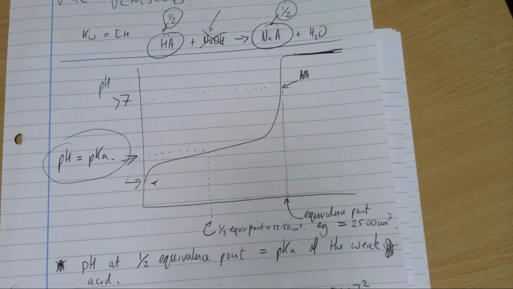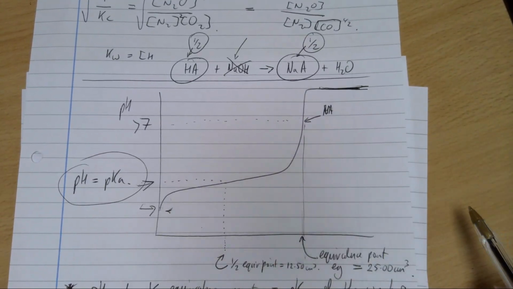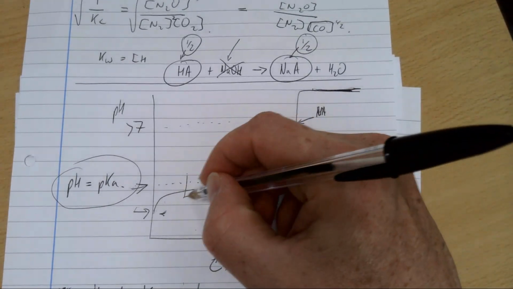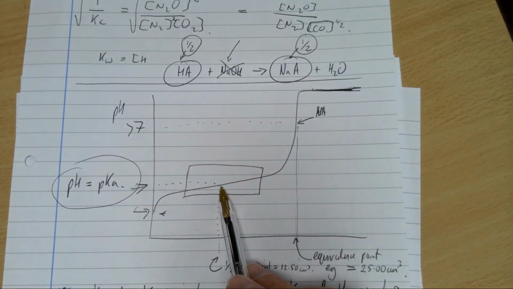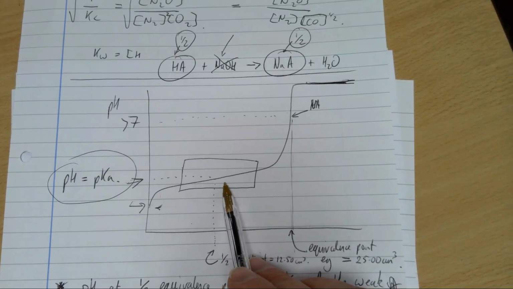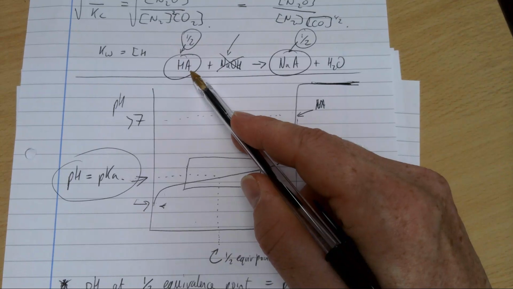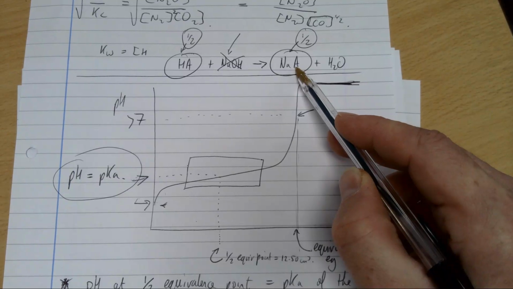So let's go back to thinking about our weak acid, strong alkali graph for a second. Now we told you yesterday that this region here is the buffer region. In that buffer region you still haven't used up all of the HA, so there's HA present, and you've created some A- from the addition of the hydroxide.